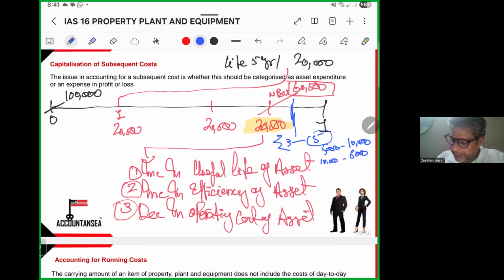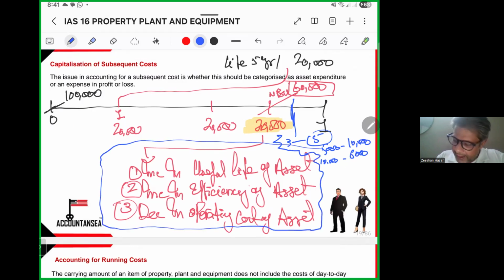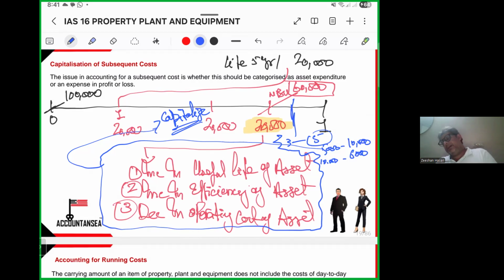If any of these conditions are met, then the subsequent expenditure will be capitalized. Otherwise, straight away, it will be expensed to the statement of profit or loss, right?